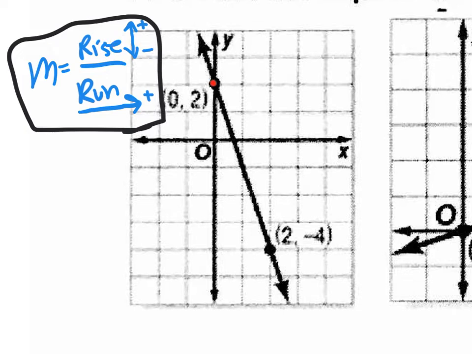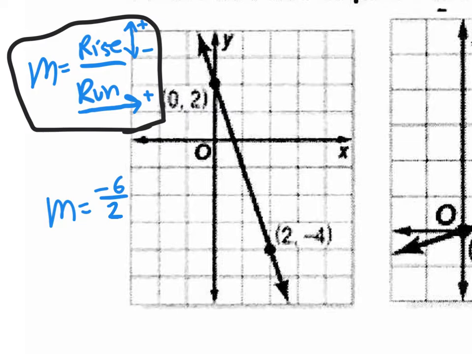So how far do you go down from here to here? You go down 1 unit, 2 units, 3, 4, 5, 6. Right? So it's down 6. So the rise on the slope is -6 up on top. And the run, after you go down 6, how many do you run? 2. You run 2. So your fraction for slope is -6 over 2.